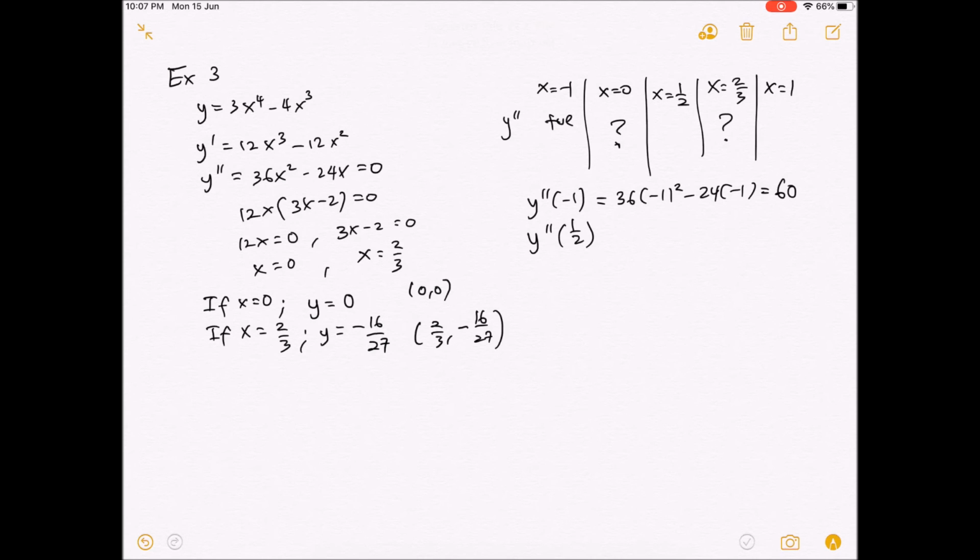Y double prime of 1 over 2 is negative 3, and y double prime of 1 is 12. So again it changes sign from positive to negative and then positive again. So both (0, 0) and (2 over 3, negative 16 over 27) are inflection points.